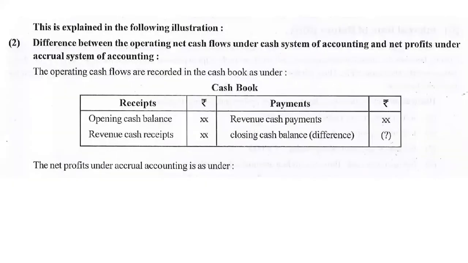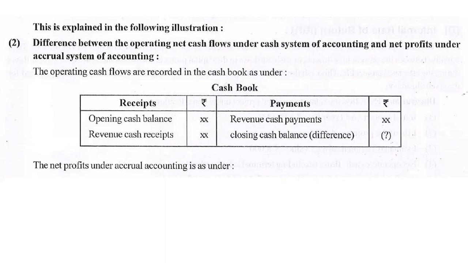Then the second one is the difference between the operating net cash flow under the cash system of accounting and the net profit under the accrual system of accounting.